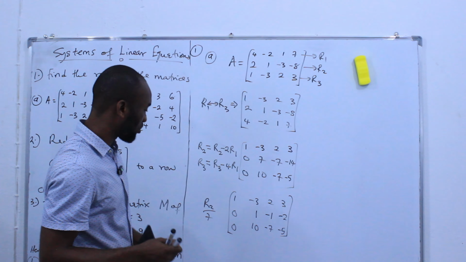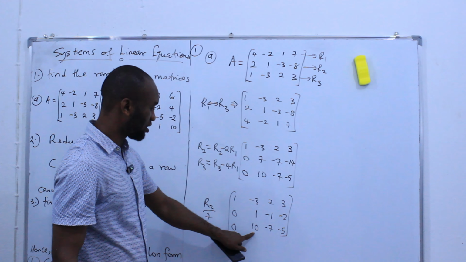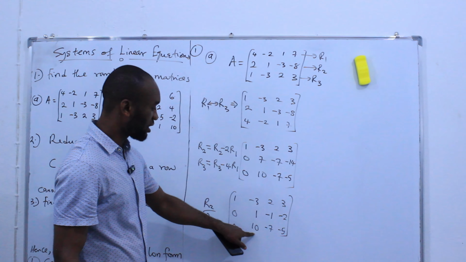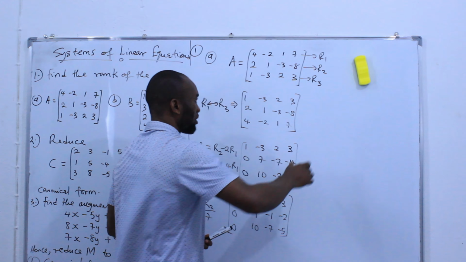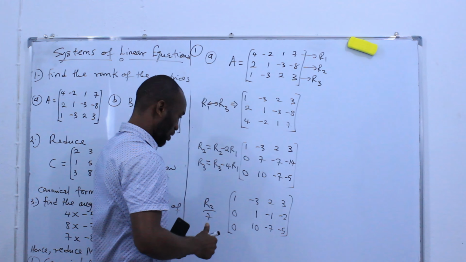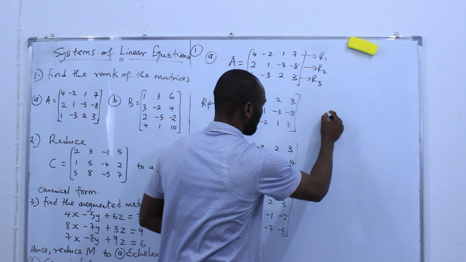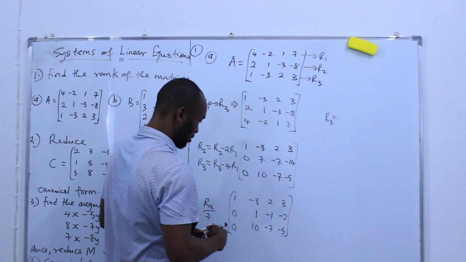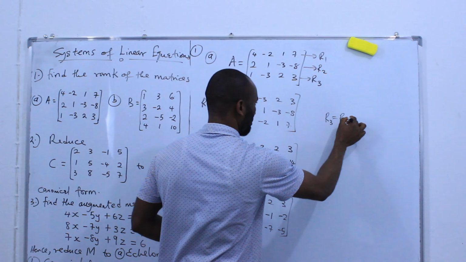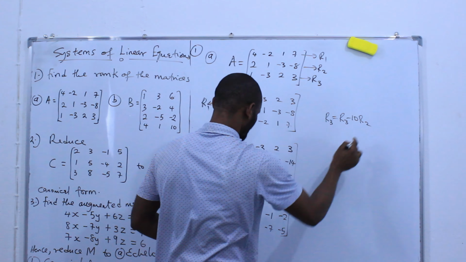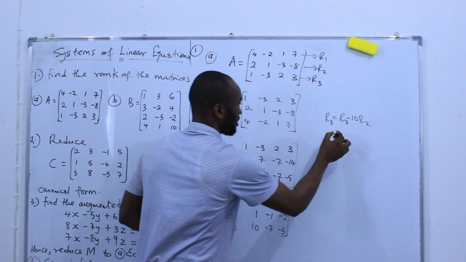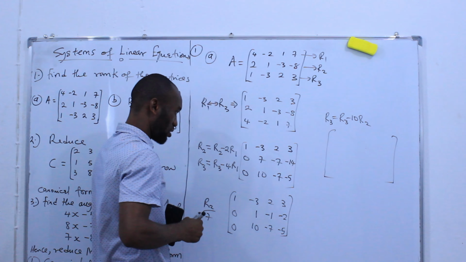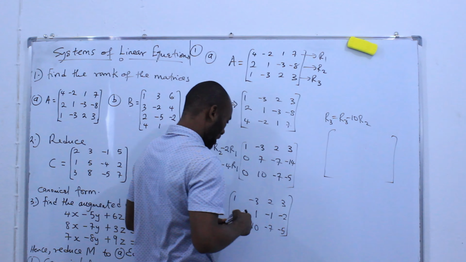Now next, since this entry is now 1, I can use it to eliminate the 10 and make it 0. To do that, row 3 is equal to row 3 minus 10 row 2. Let's do the operation up there.